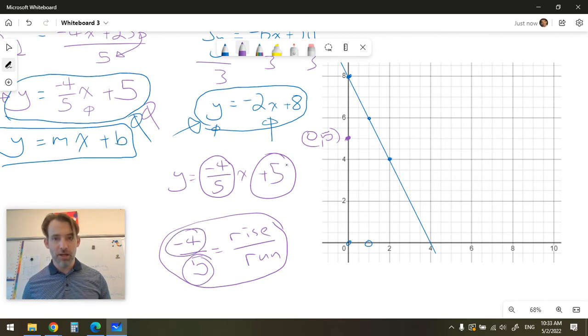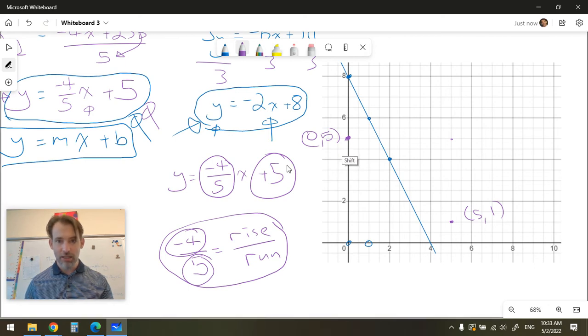So from here, I'm going to run 5. From 0, I run 5 out to 5 here, and then rise negative 4. So I go from 5 down to 1. This is the point 5 in the x, 1 in the y. Then I create a line from here to here, and I keep going. And that will give me the solution.